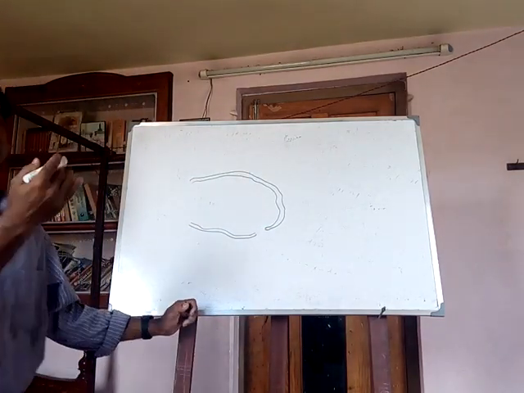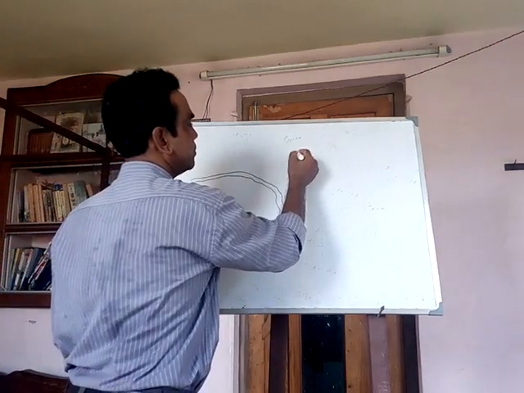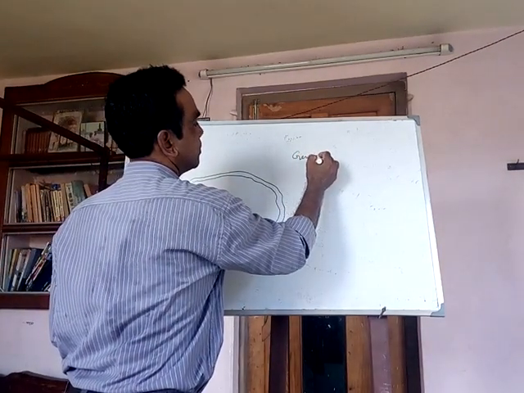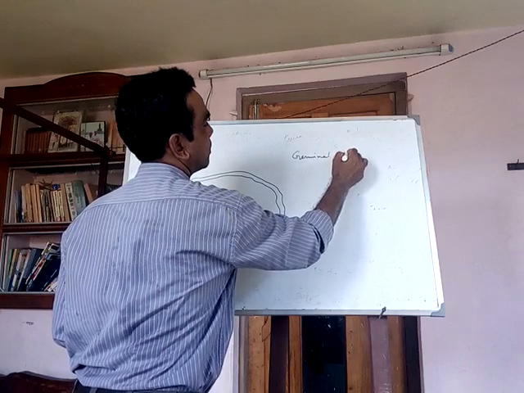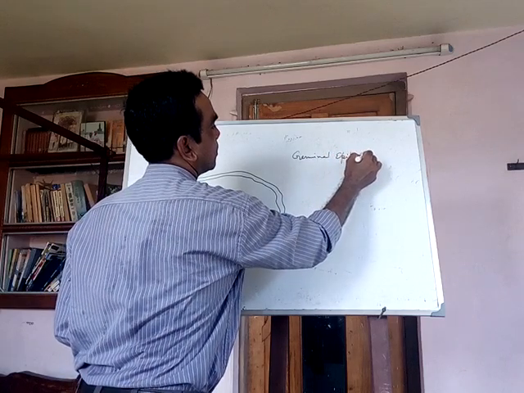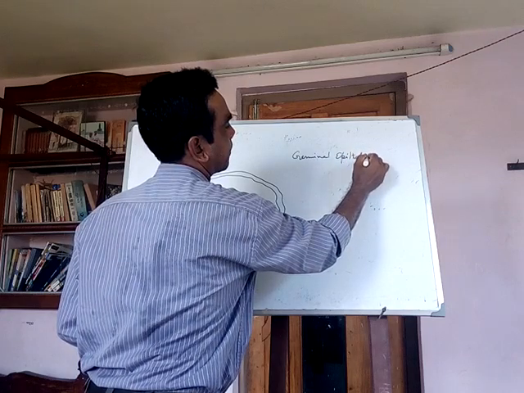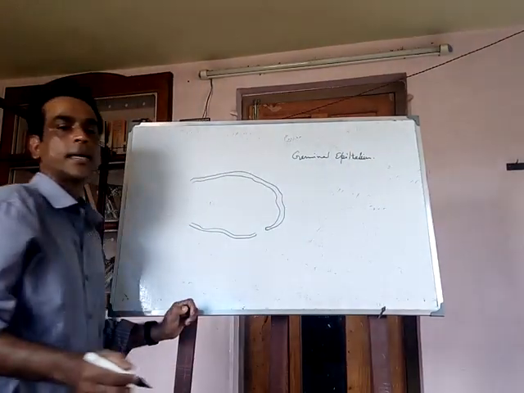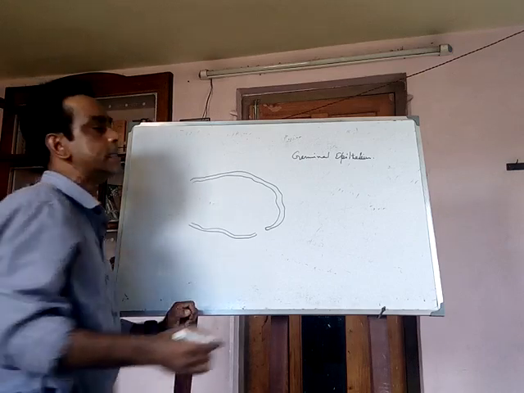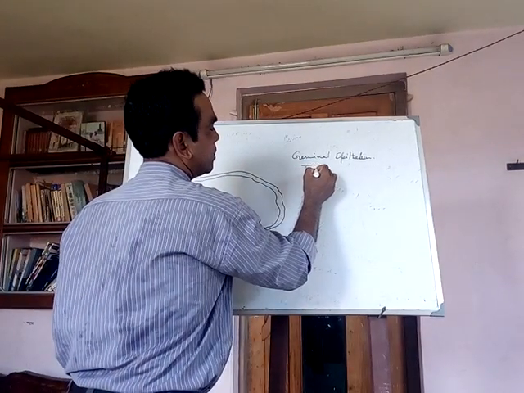The upper layer is called the germinal epithelium. Next is the tunica albuginea.